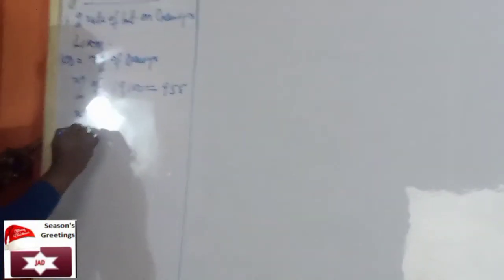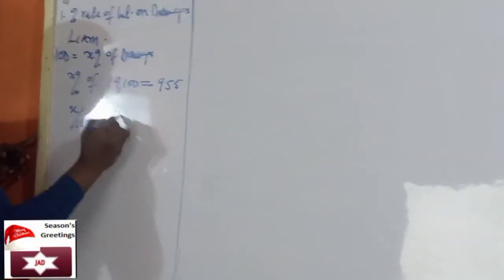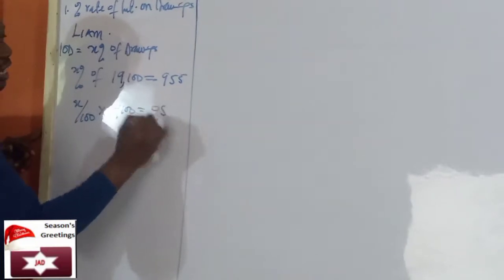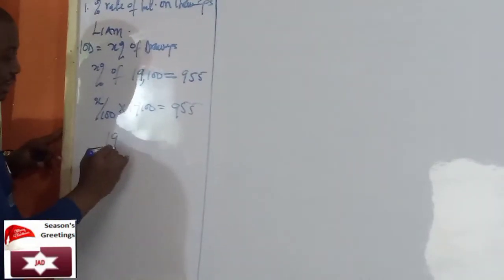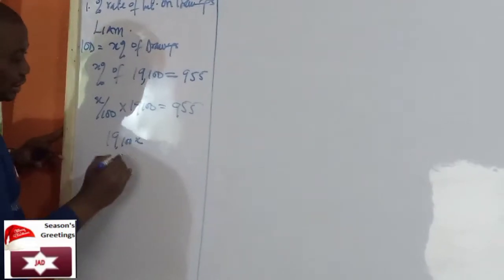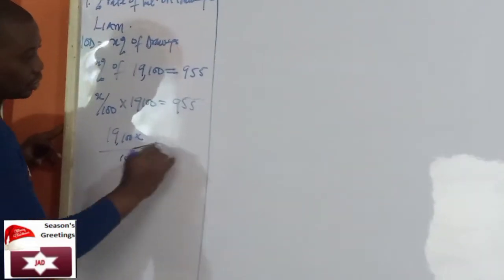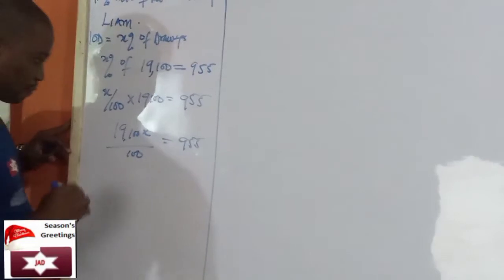So X% of 19,100 is equal to 955. We can say X over 100 times 19,100 is equal to 955. So 19,100X over 100 is equal to 955.